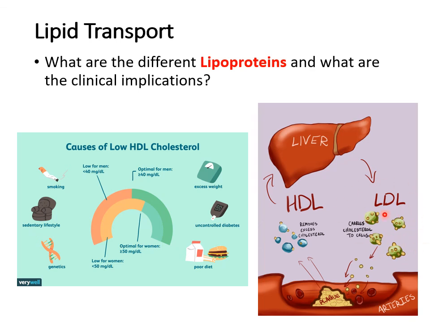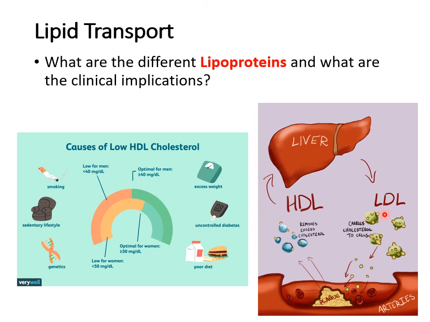LDL will carry cholesterol to your cells, and it basically causes a collection of plaque in your blood vessels and reduces blood flow, so that you end up getting things like heart attack or stroke. And so it's very important to have high HDL to get rid of that cholesterol from your body, and low LDL because you do not want the accumulation of cholesterol forming plaques within your blood vessels. That's very bad, very dangerous.